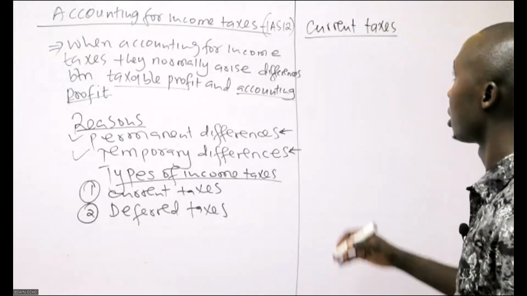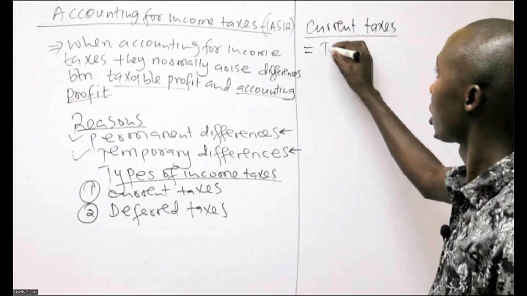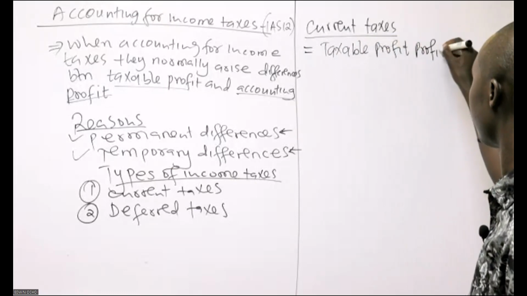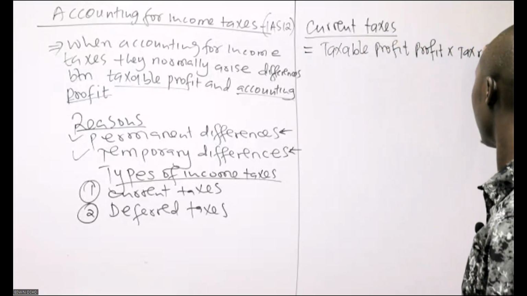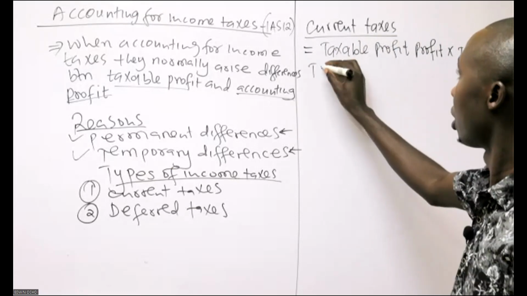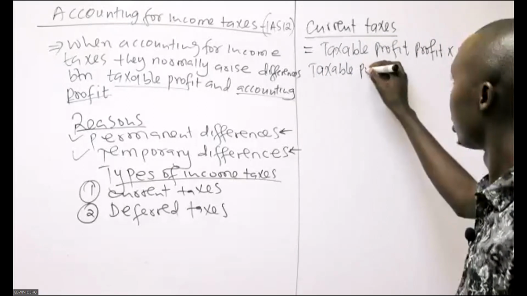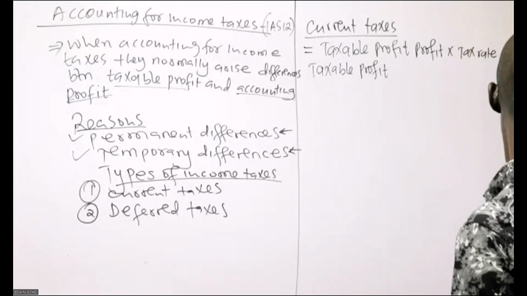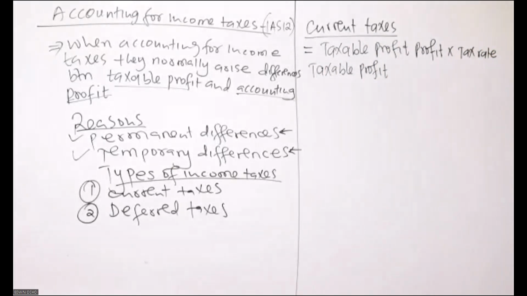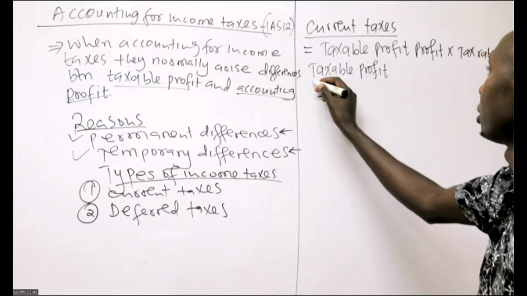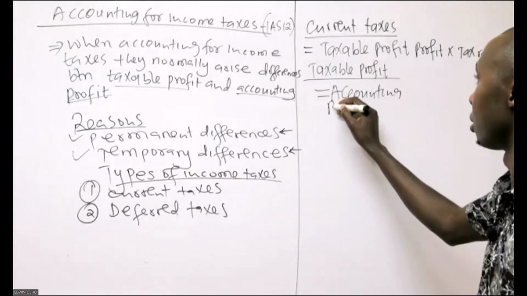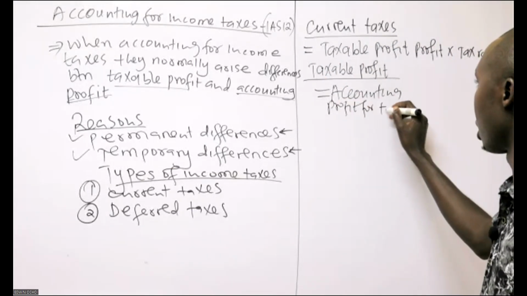When we talk about current taxes, it's all about taxable profit times tax rate. So now you need to know how to compute taxable profit. For the taxable profit, you start with the accounting profit for the year.